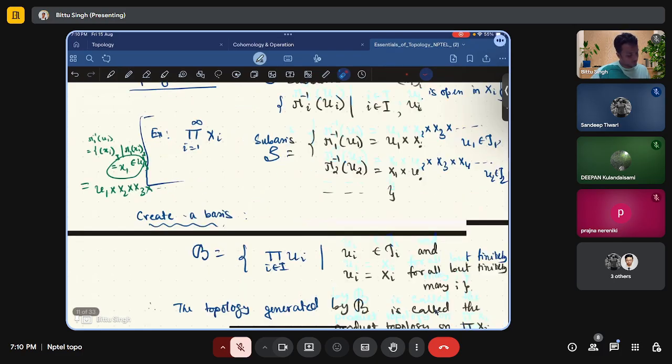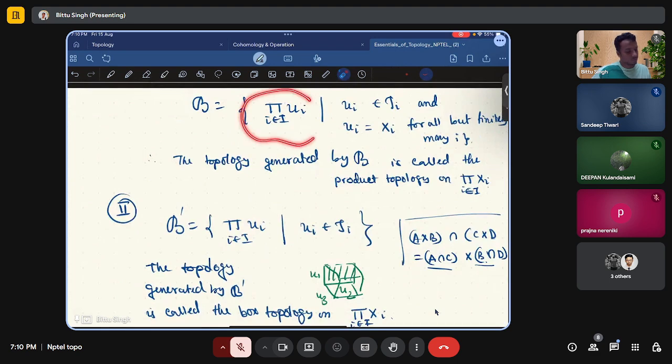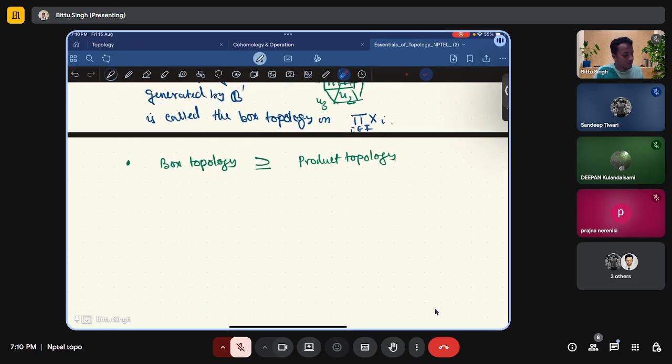This is open in the product topology, but this open set is also open in B dash. So everything from this B also belongs to this B dash. B is contained in B dash, therefore the topology corresponding to tau dash also contains tau. That's why the box topology is finer than the product topology.